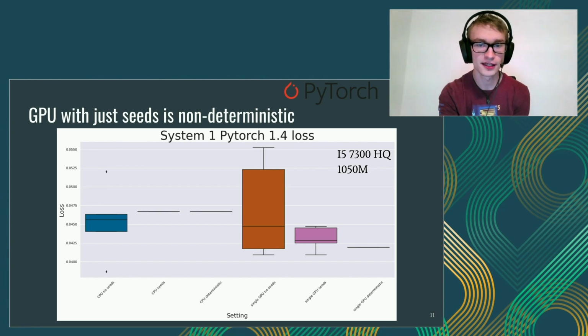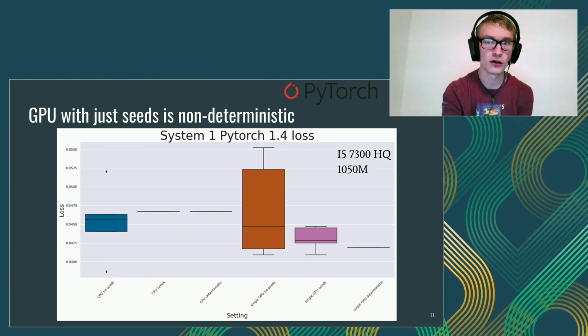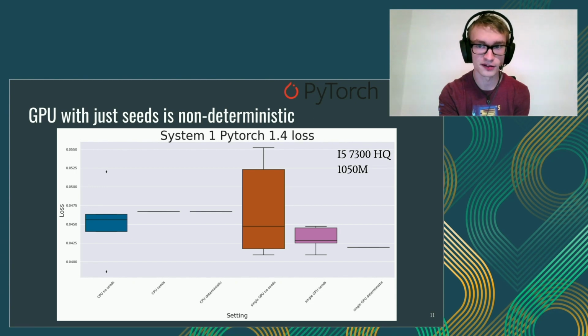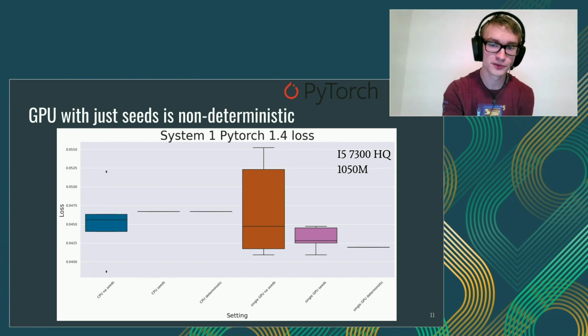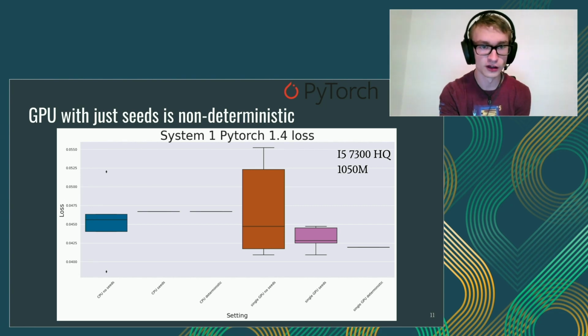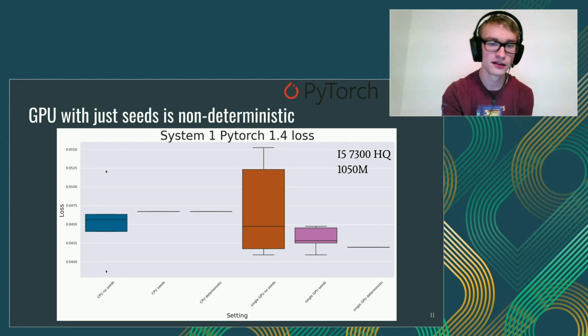So what you can see here is a box plot of the PyTorch run with system 1, so basically my laptop. And what we're plotting here is the setting against the loss on the y-axis. So let's start from the very left. If we have the setting, system 1 on the CPU with no seeds set at all, you can see some variance.